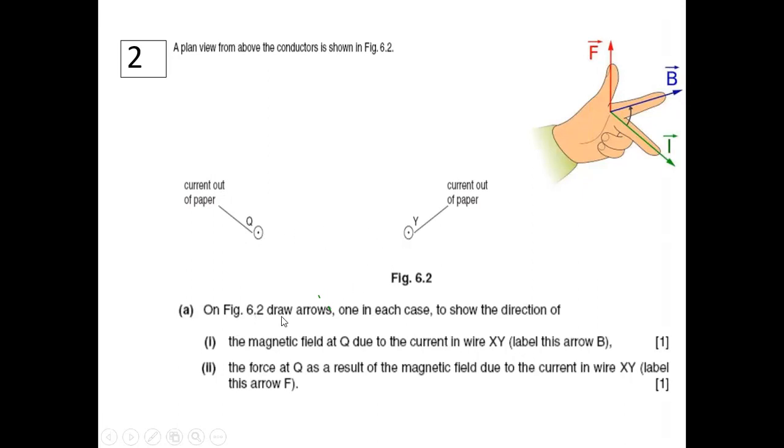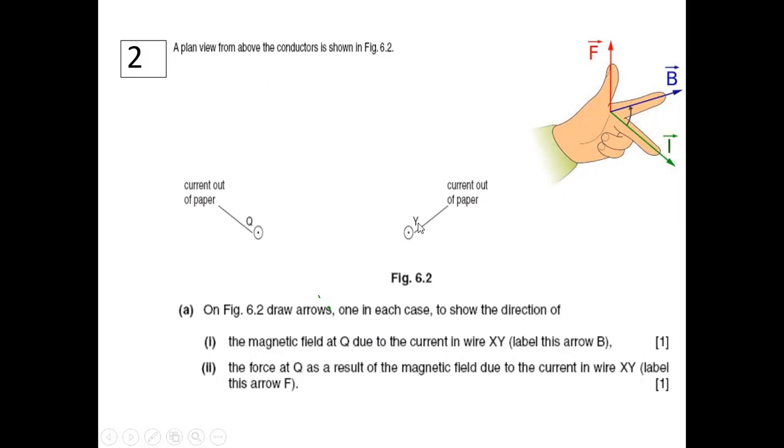On Figure 6.2, draw arrows, one in each case, to show the direction of the magnetic field at Q due to the current in XY. Label that B. This is a current, so it has a field.